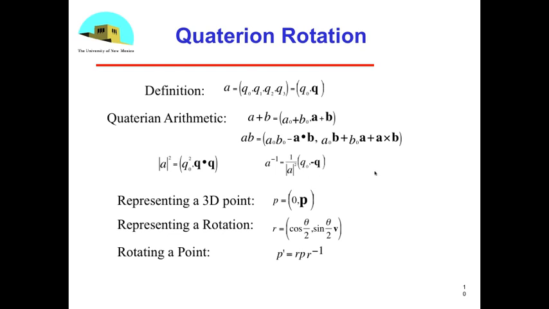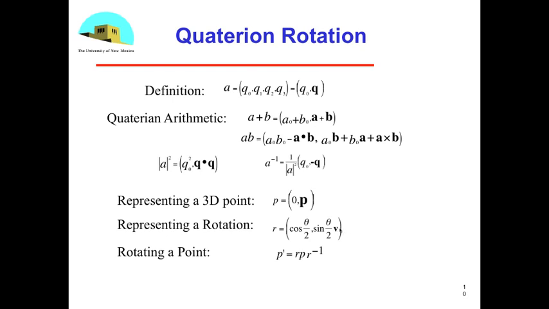Now, so far, you say, well, what in the world does this have to do with anything we're doing? Well, it turns out that if you say that these three vector components, Q1, Q2, Q3, represent a point, essentially the x, y, and z values, and you make the first component 0, then a rotation can be represented by theta degrees about this axis, and it's using half the angle: cosine theta over 2, and sine theta over 2 times the vector you want to rotate about.